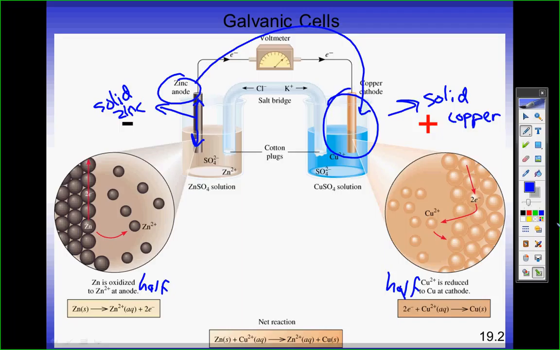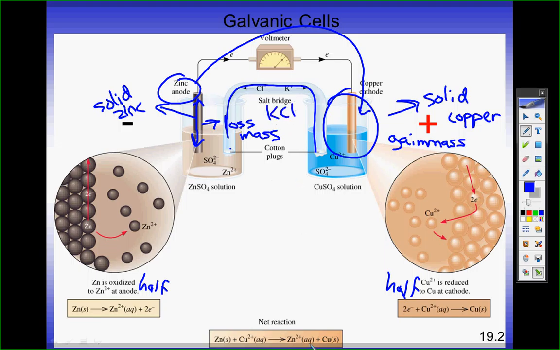What do you think is going to happen? This is going to gain mass. Lose mass. All right, in this salt bridge, we have a strong electrolyte of KCl.